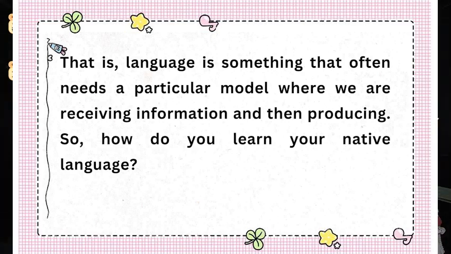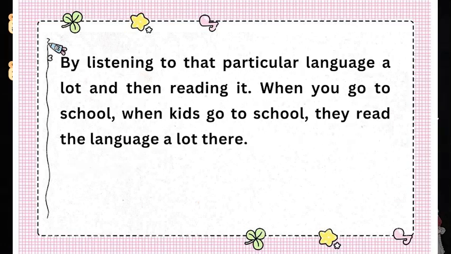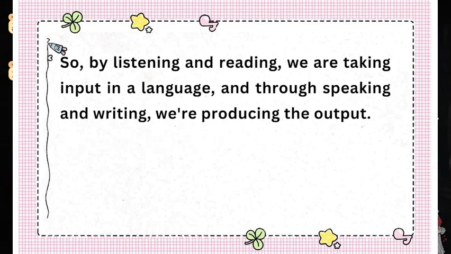So, how do you learn your native language? By listening to that particular language a lot and then reading it. When kids go to school, they read the language a lot there. So, by listening and reading, we are taking input in a language, and through speaking and writing, we're producing the output.